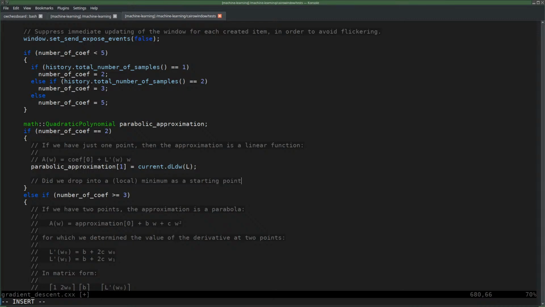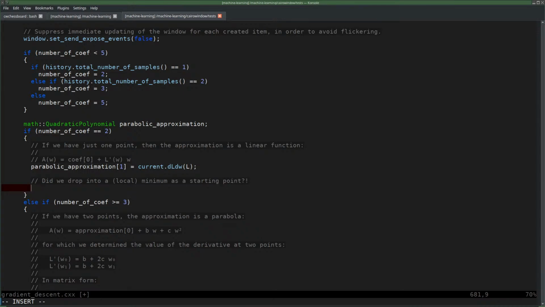This is the starting point. I'm going to create an epsilon, I think. Oh, that gets a nice color.